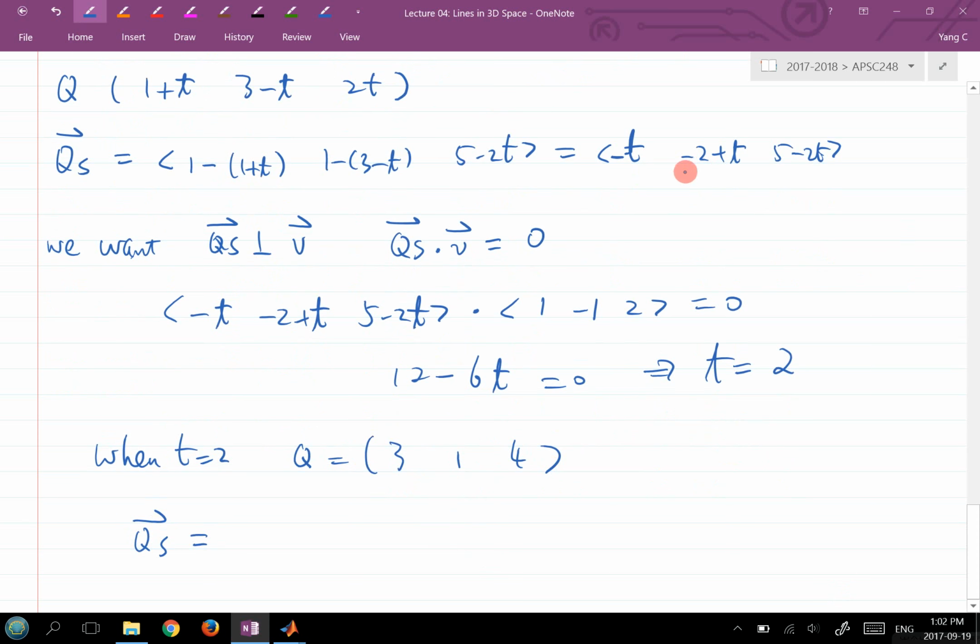Substitute T equal to 2: negative 2, 0, 5 minus 4, 1. So negative 2, 0, 1. That's the QS vector. Then your shortest distance is the absolute value, or the norm, the length of the vector, same as before, root 5.